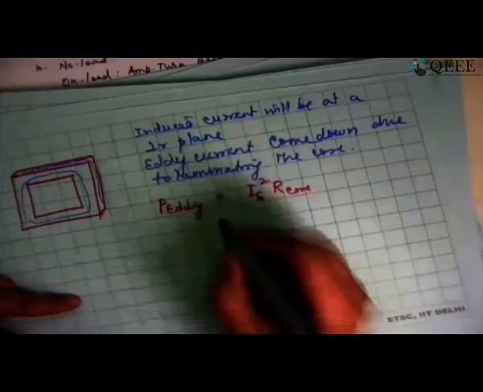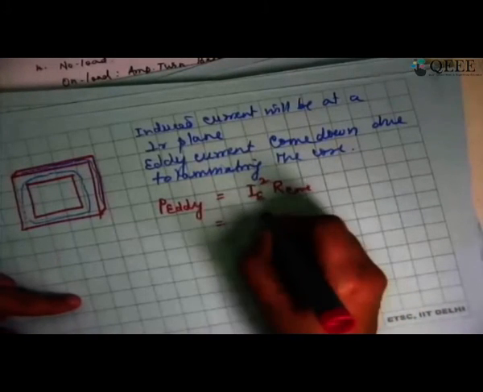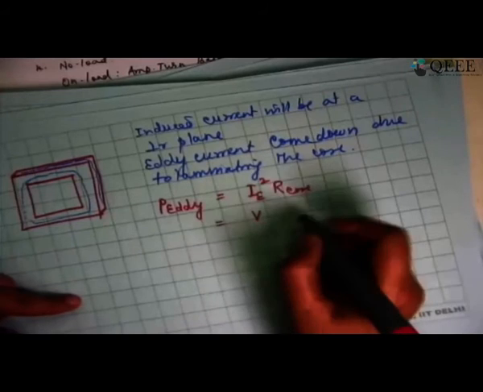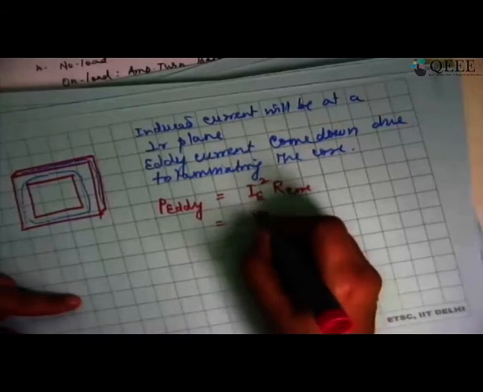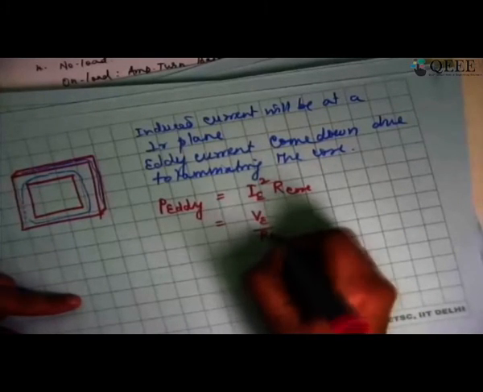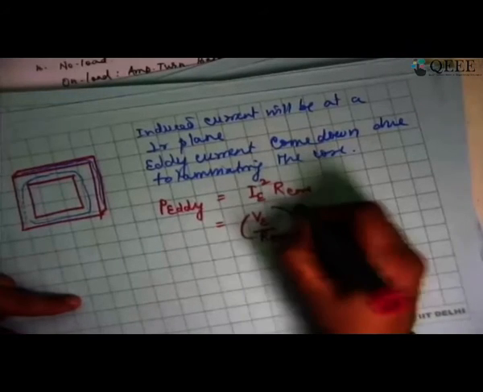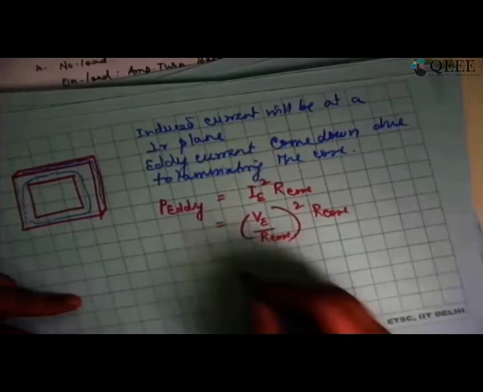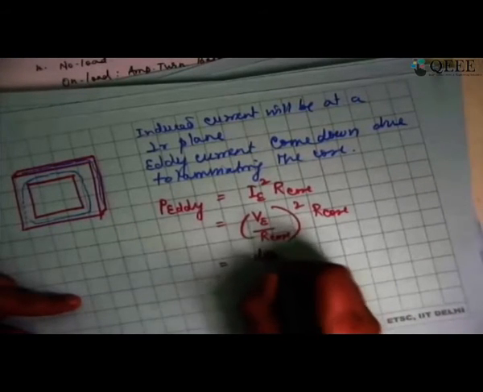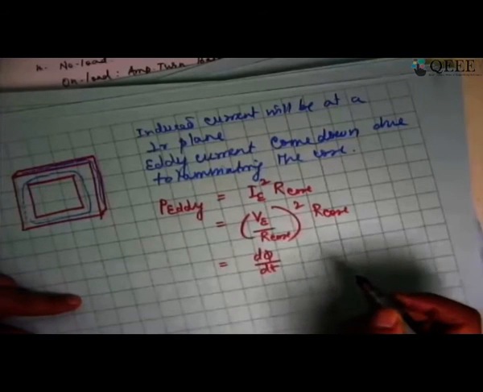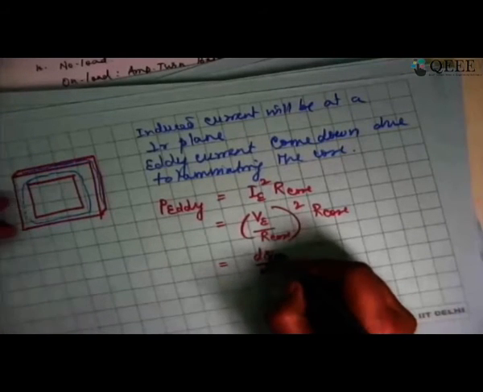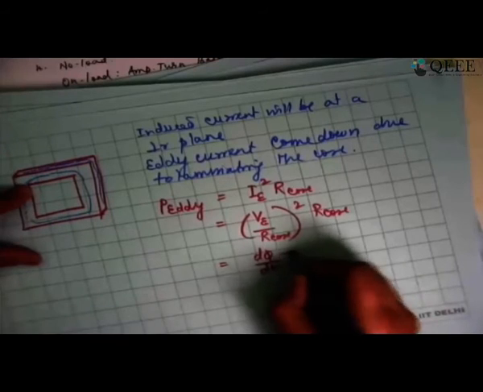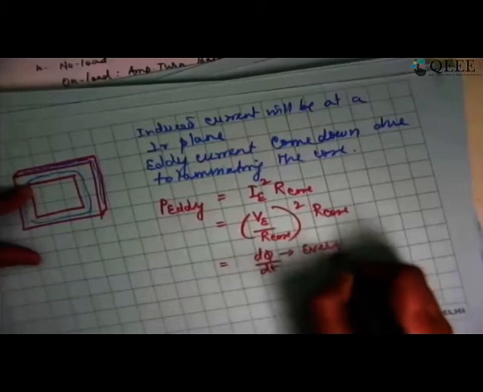Now this I eddy current is essentially whatever is the voltage induced due to eddy current divided by the resistance of the core, whole square, multiplied by R core. Okay. Now this is actually equal to whatever is the d phi by dt confining to every lamination. This is corresponding to every lamination.